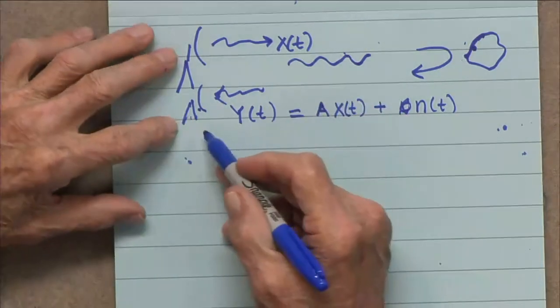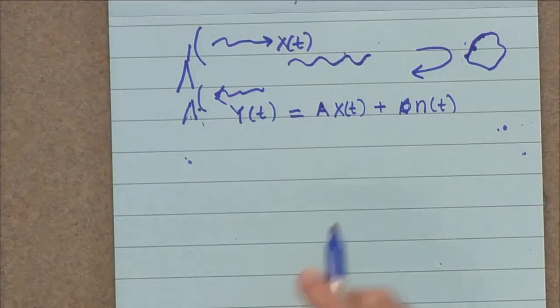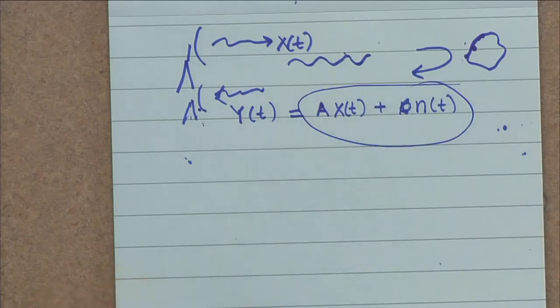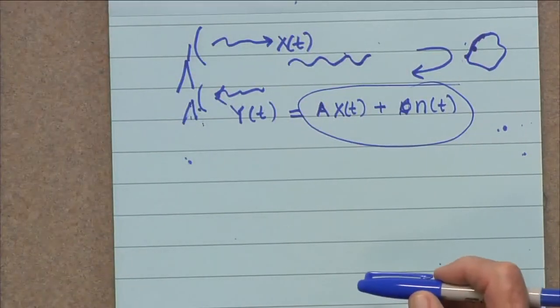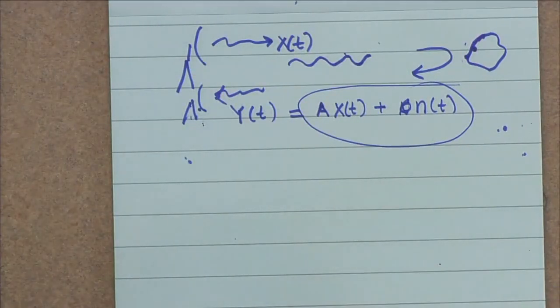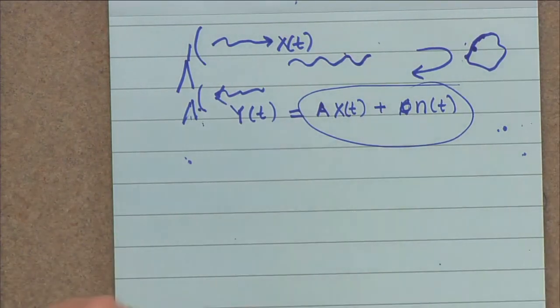So I'm sitting here at this receiver and I'm receiving a signal like that. What's the best way to find out where this target is? Well, I just send out a bang, goes boom, boom.